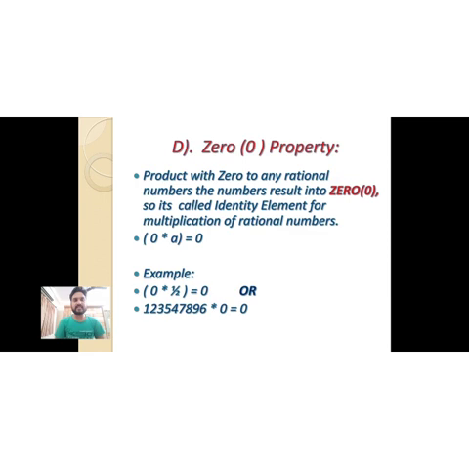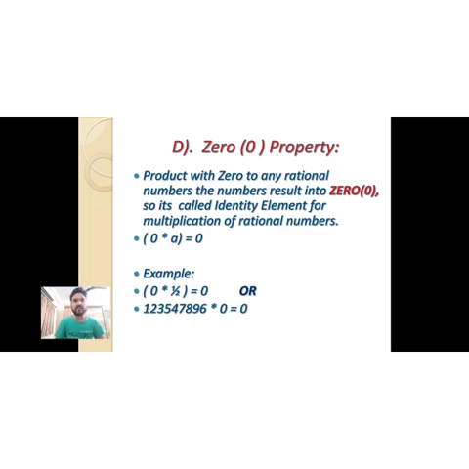Fourth one, the zero property. The product of any rational number with 0 results in 0. As we all know from class first also, 0 multiplied by anything, the answer is 0. It doesn't depend on the order of numbers. Means 0 multiplied by anything is 0, or anything multiplied by 0 is also 0.